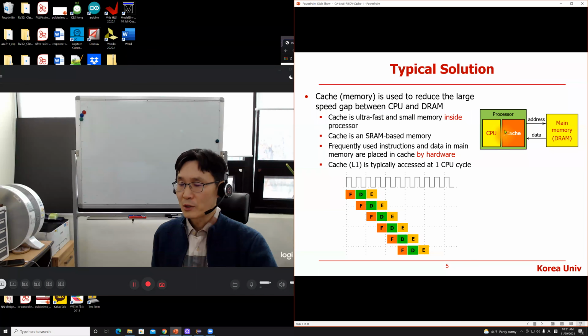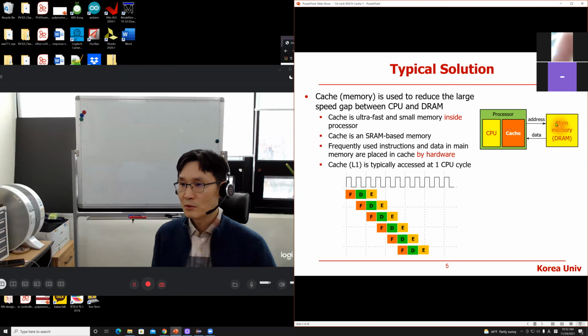So when you turn on the computer, cache does not have anything. There's nothing inside the cache. When the CPU requests an instruction or data, like the CPU reads an instruction, reads data, or writes data, cache will store the requested information from memory to cache automatically for you.